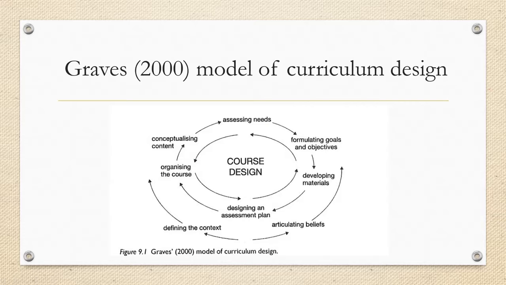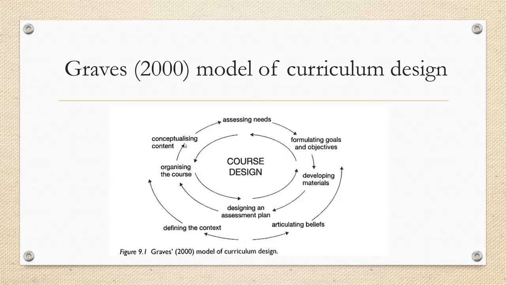This isn't that different. One of the things that I like about this chart is it shows that you're working your way in. So you might have to define the context and articulate beliefs before you can start doing some of this. But as you start to assess needs, it allows you to formulate goals, develop materials, design an assessment plan, and organize the course.